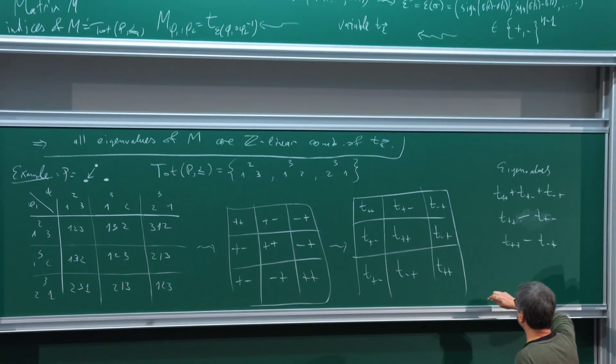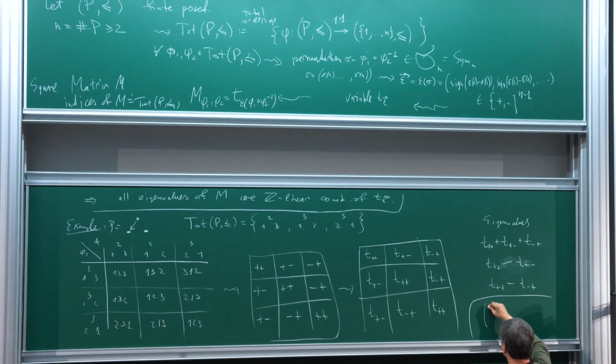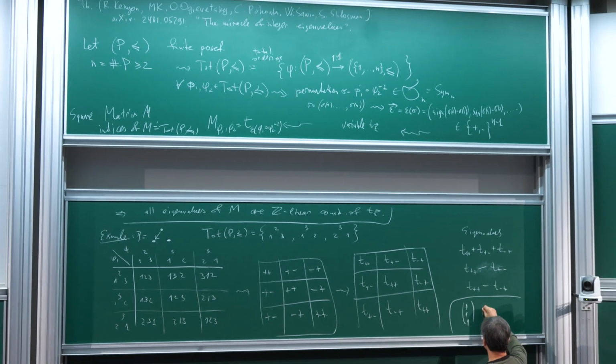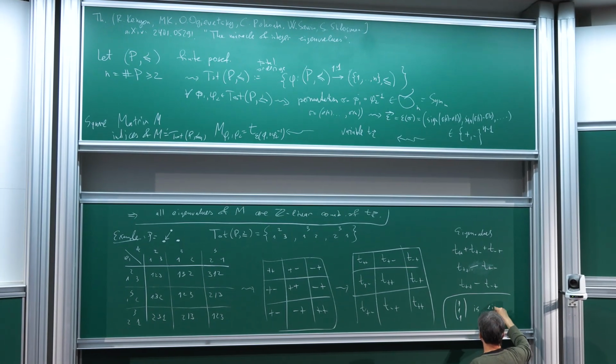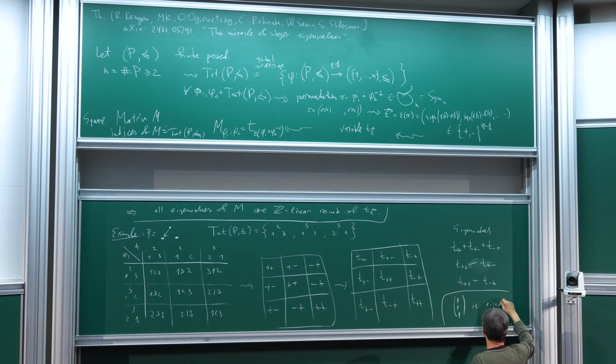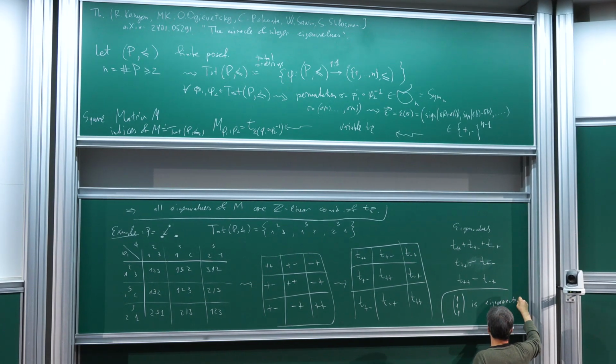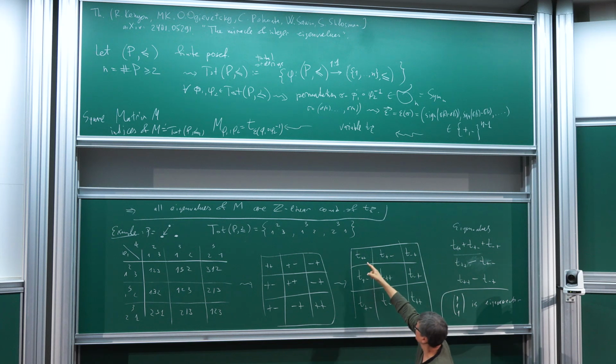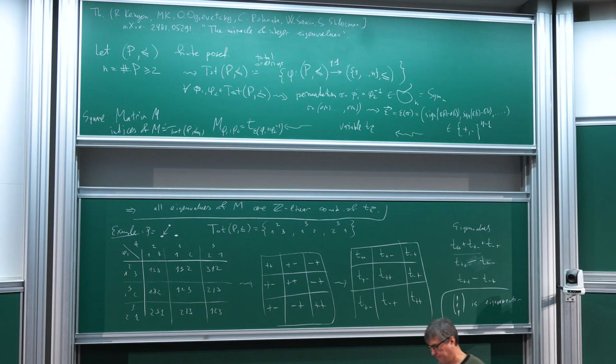What is nice here also is that if you consider column vectors, 1, 1, 1 is an eigenvector, so the sum over each row is the same, which was actually a bit surprising.